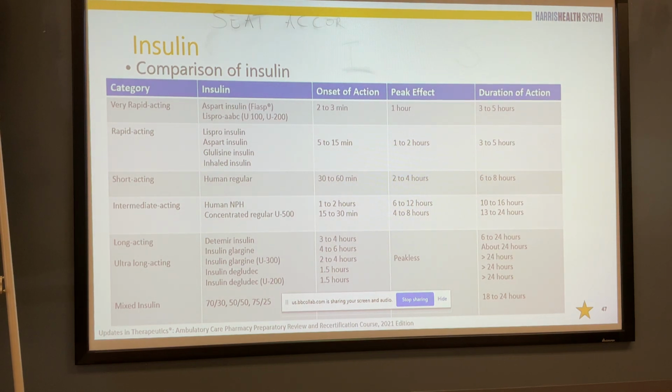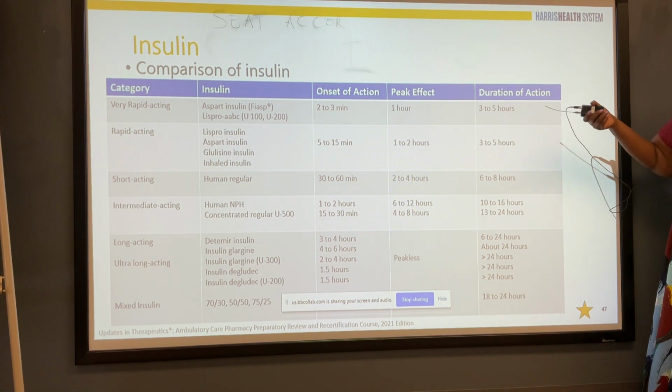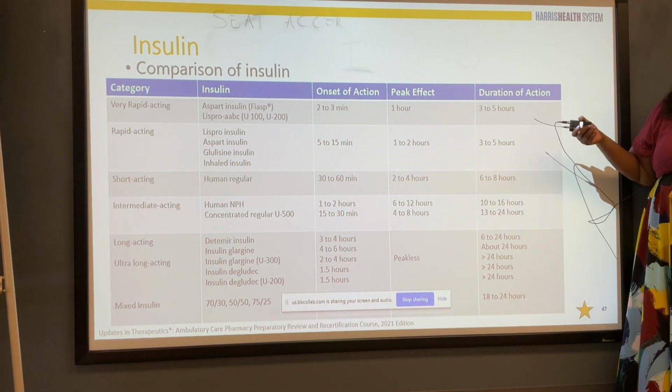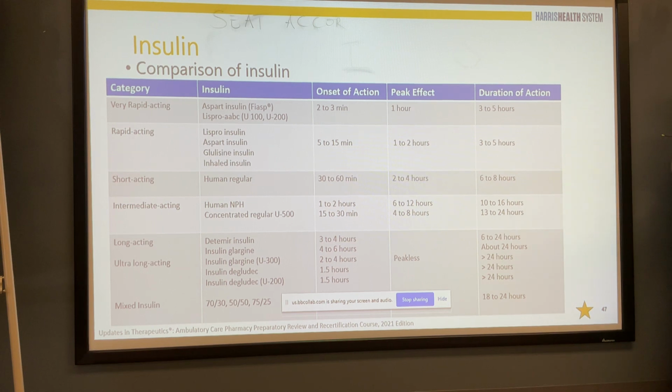All right, so here is a comparison of insulin products. You're going to have to take some time to meditate on that. It's a lot to look at here. But it's important to understand your onset, which is how quickly the drug is going to work once the patient injects it. The peak is when the insulin is at its strongest, when it's at its highest action. And the peak time is also when the patient is more at risk for hypoglycemia.